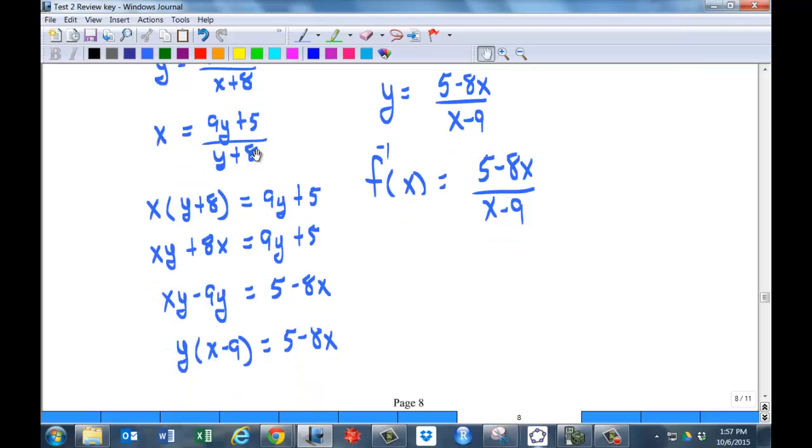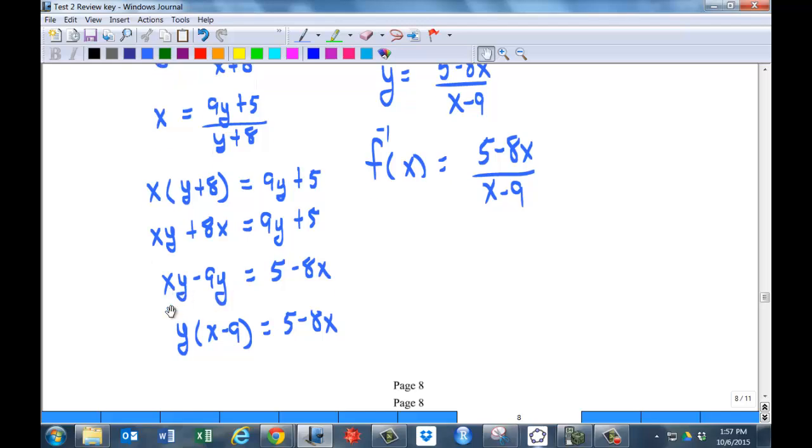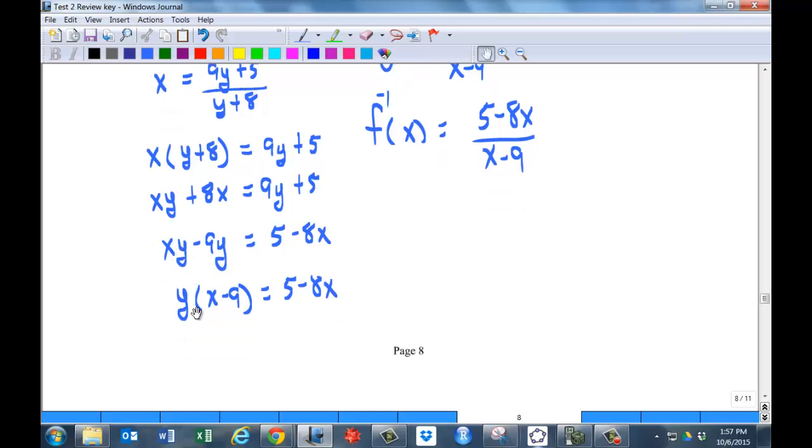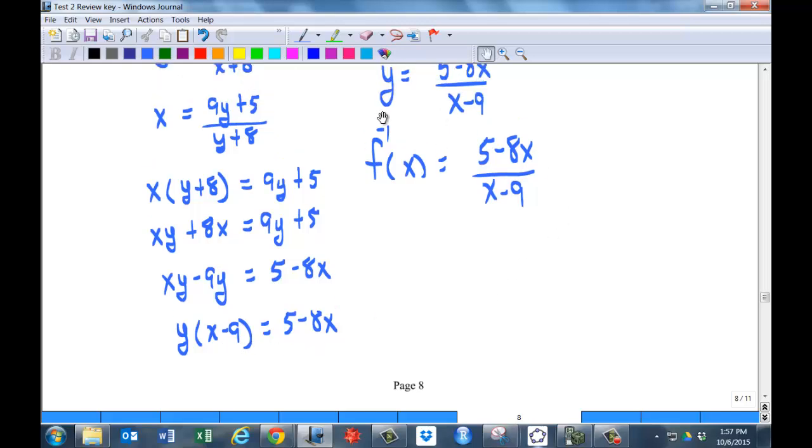So I just cross multiplied here, and then distribute the x to the y and the 8, and then solving for y means we collect all the y's on one side and all the other terms on the other. So once we get the y variables on one side, we can factor out the y and then just divide by this x minus 9 term. So this is the inverse function.